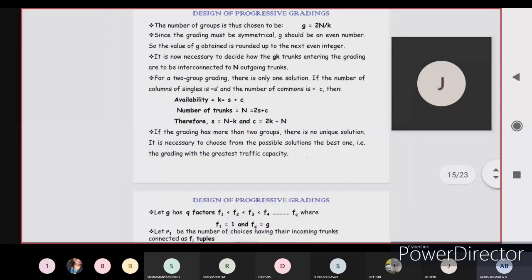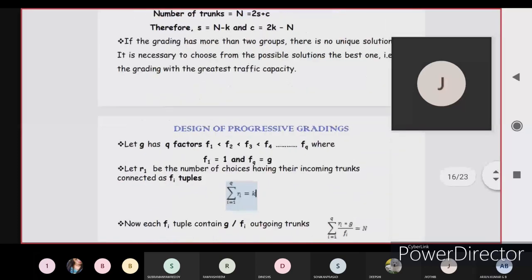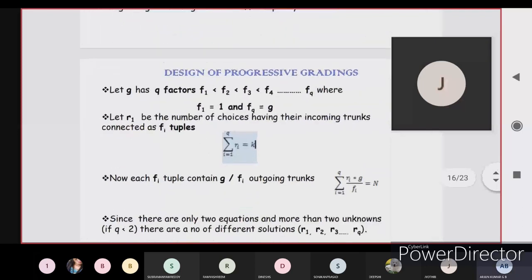Next. Let us consider G as a Q factor grading. We don't know exactly; it is not unique, so it is considered as a Q factor.